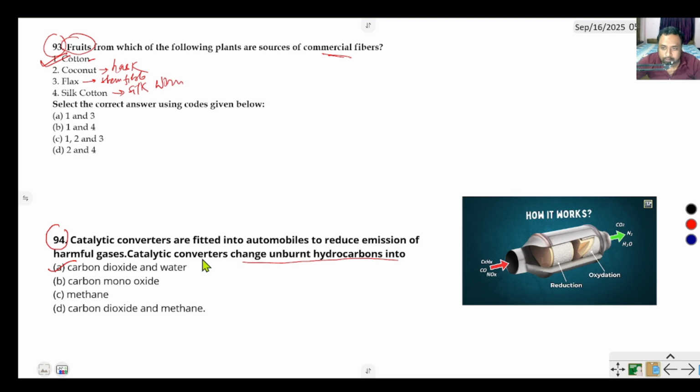Because this oxidation is done by catalysts like palladium, rhodium and platinum. These metals convert unburned hydrocarbons into carbon dioxide and water.